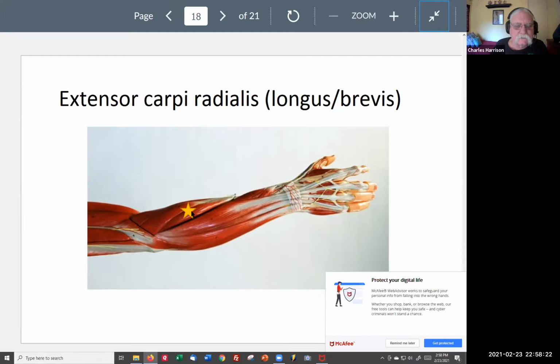So if this is the extensor carpi radialis, this is the extensor digitorum. This is the extensor digitorum minimi. And this is the extensor carpi ulnaris.